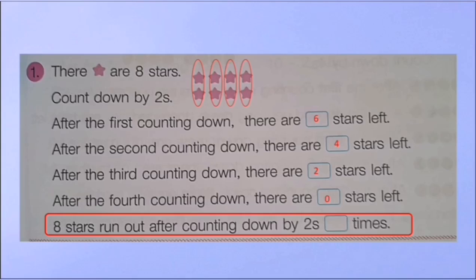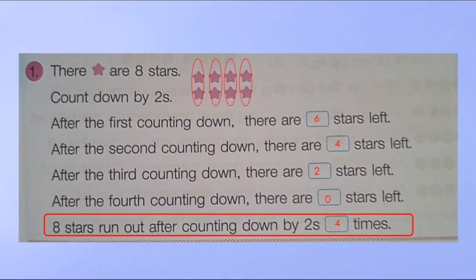So we count down by twos 4 times. So the answer for this is 4. Let's read the sentence together. 8 stars ran out after counting down by twos 4 times. So this is how we are going to answer this activity. Now we will be proceeding with the rest of the exercises.